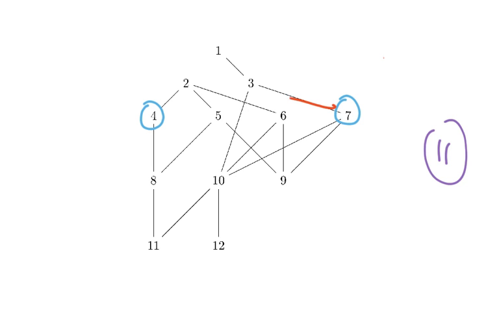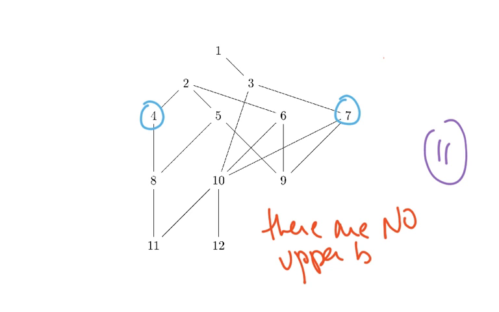Well, 7 is less than 1, that's good, but 4 is not less than 1, so 1 is not going to be. So, in other words, there are no upper bounds in this case. Okay, so we have 4 and 7, two elements that don't have an upper bound.